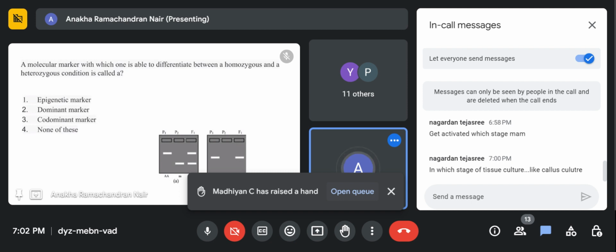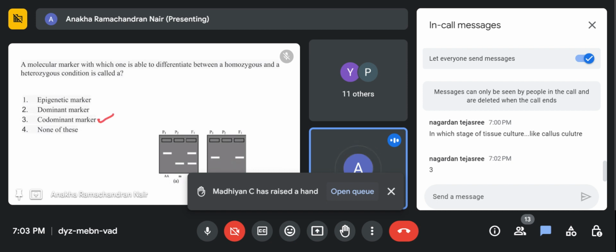So what do you think the correct answer is? Option 3, codominant marker. Yes, the correct answer is option 3, codominant marker.